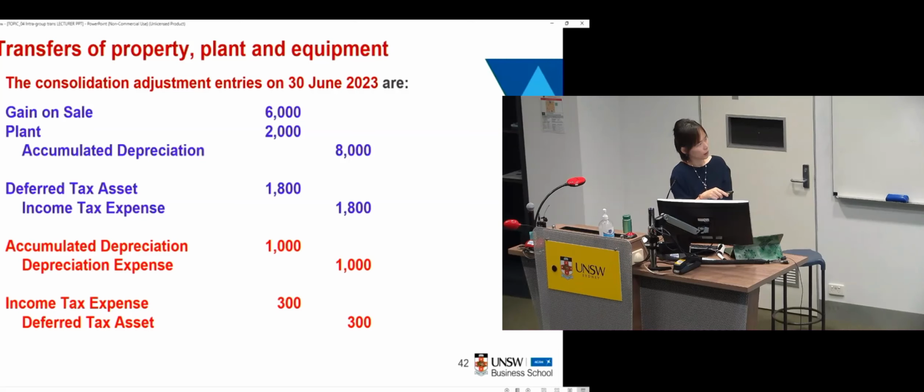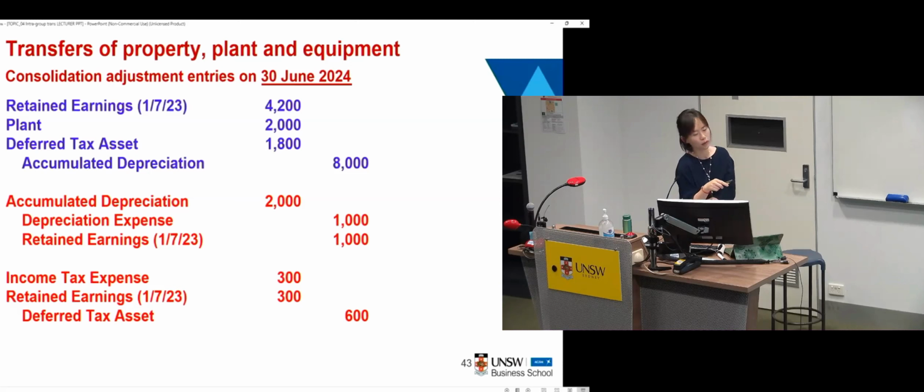The depreciation expense, ITE, also close to retained earnings. So remember that all the prior year adjustment of the revenue and expense, when you need to carry over its effect to the following year, we need to adjust opening retained earnings. Because revenue and expenses, they are temporary accounts, required to be closed to retained earnings as part of the closing procedure by the end of the reporting period.